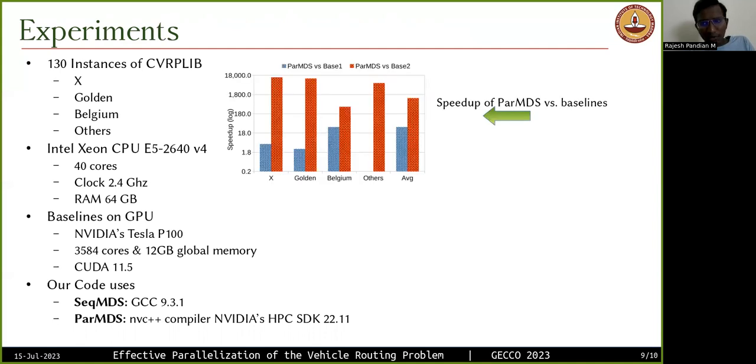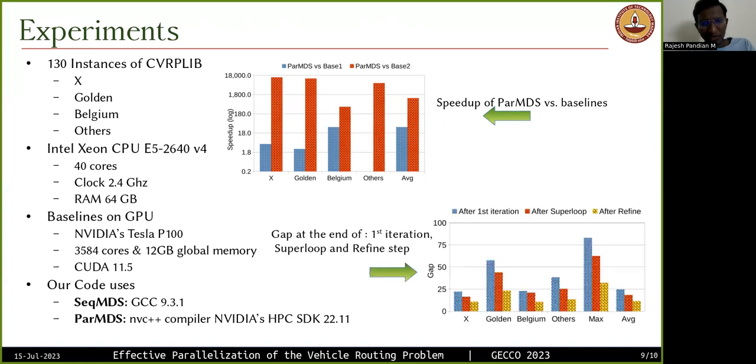We show the effectiveness of PAR-MDS compared with other baselines, and we show the average speedup in the figure. We also show the total average among all the 130 instances. We get a speedup of around 36x to 1100x when compared to the other baselines. Notice that some of the baselines did not run on a few of the instances, whereas PAR-MDS did run on all the instances.